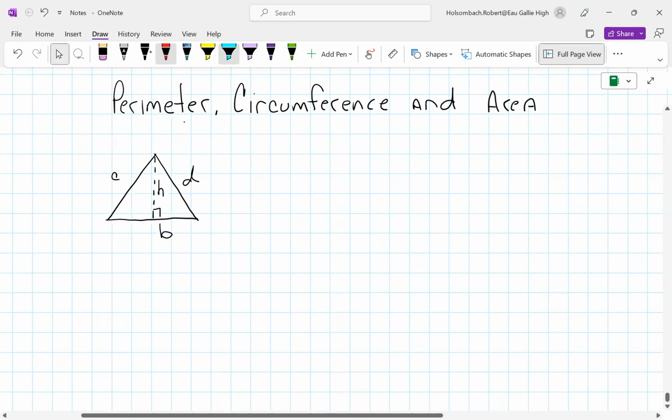So for this triangle, the perimeter, capital letter P, is equal to B plus C plus D. It's the sum of the sides. Perimeter of a polygon is equal to the sum of the sides.